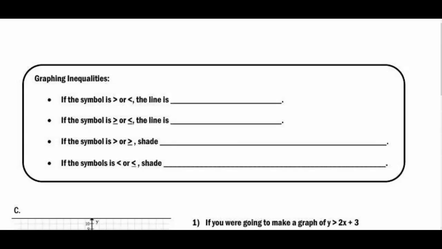So I've kind of already hinted at this generalization, but I know we like precision. If a symbol is greater than or less than, the line will be dashed. If the symbol is greater than or equal to, or less than or equal to, my line will be solid. So it's starting to come back.